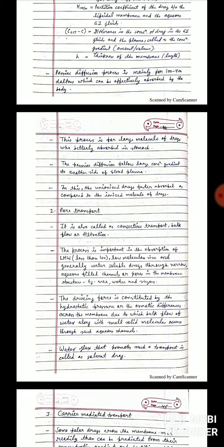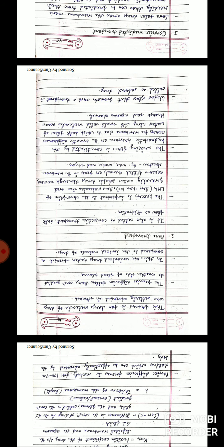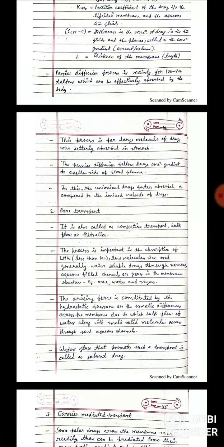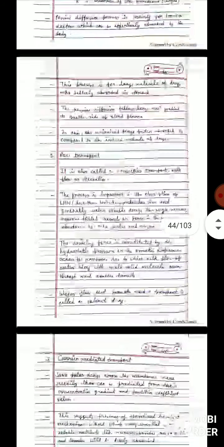In this process, low molecular weight and generally water soluble drugs are absorbed through narrow aqueous filled channels or pores in the membrane structure, for example urea, water, and sugar. Third, molecules with molecular weight up to 400 Dalton can be absorbed by filtration.